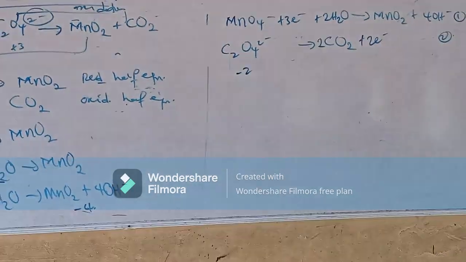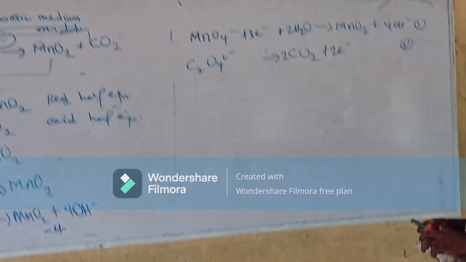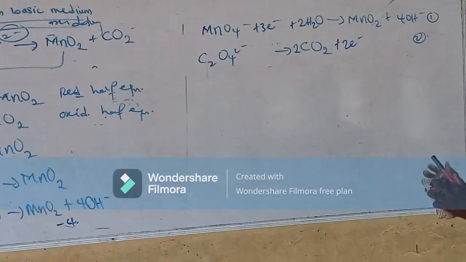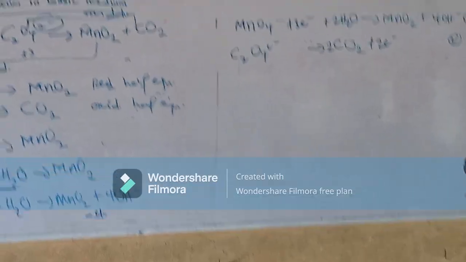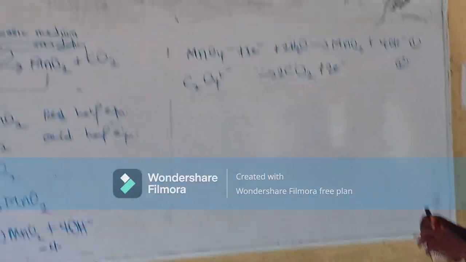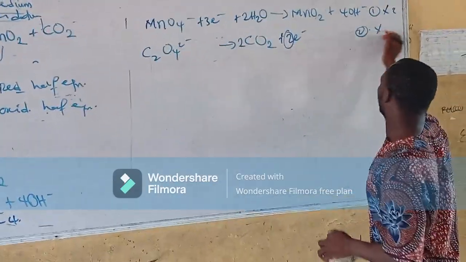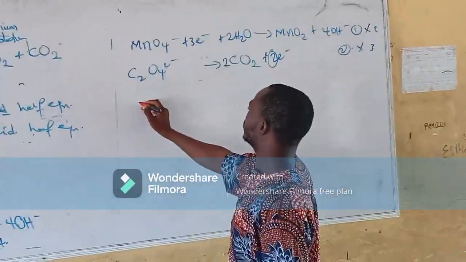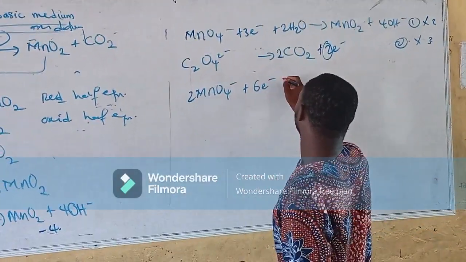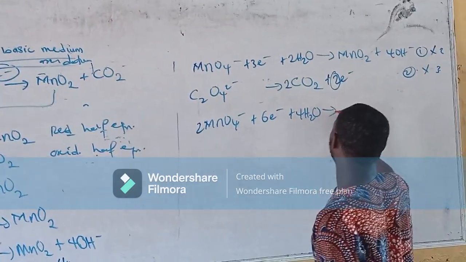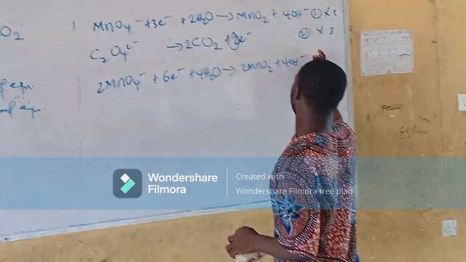So this one is also balanced. Now just like the way we solve simultaneous equations, to eliminate a particular thing, we multiply the upper equation by the coefficient of the lower one, and multiply the lower equation by the coefficient of the upper one. In that case, we're going to multiply up by a coefficient of 2, and multiply down by a coefficient of 3. In that case, we're going to have 2MnO4 minus plus 6 electrons plus 4H2O to give us 2MnO2 plus 4OH minus.